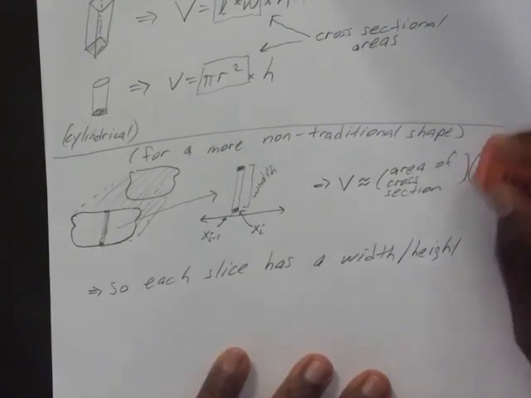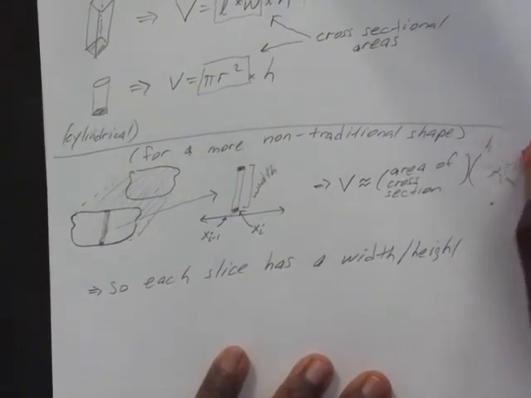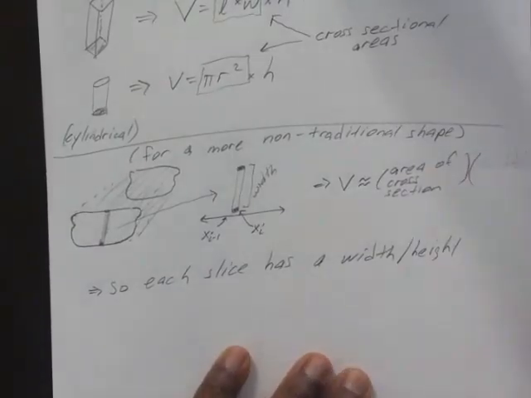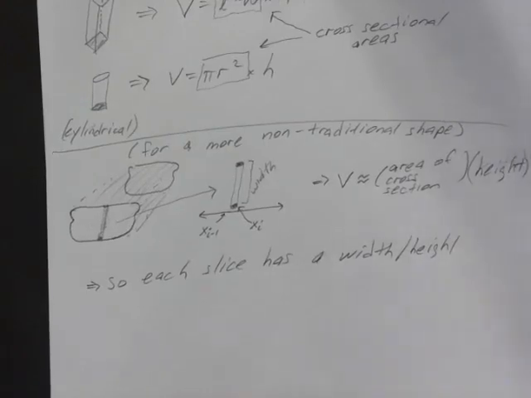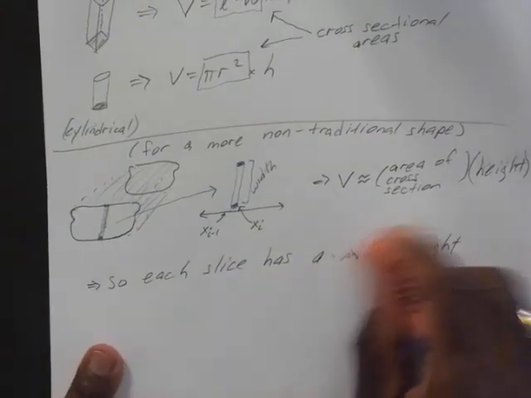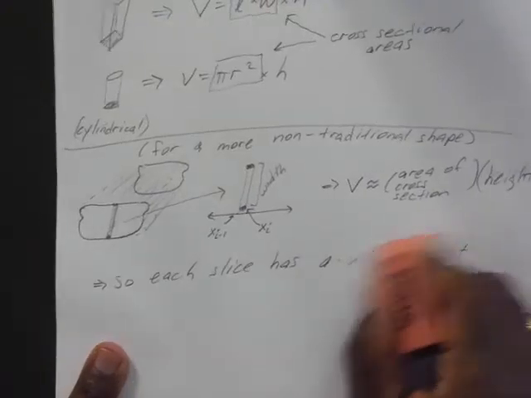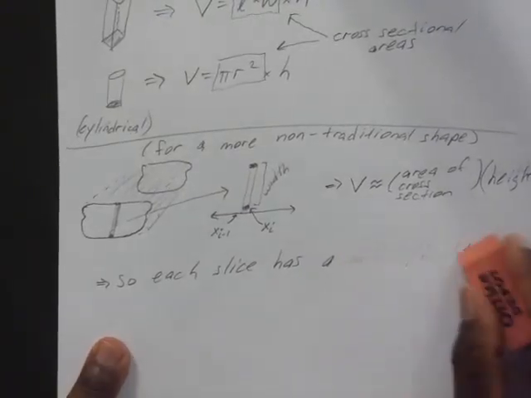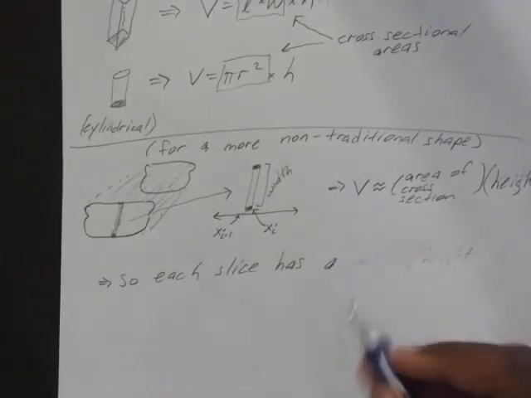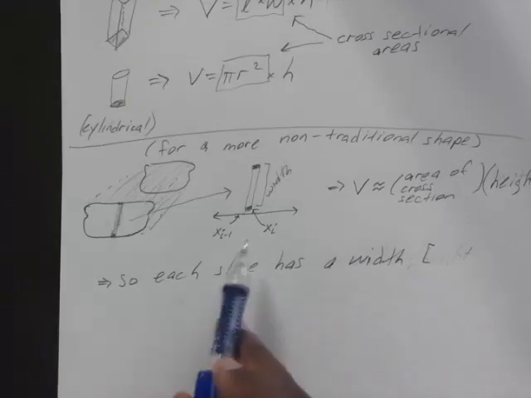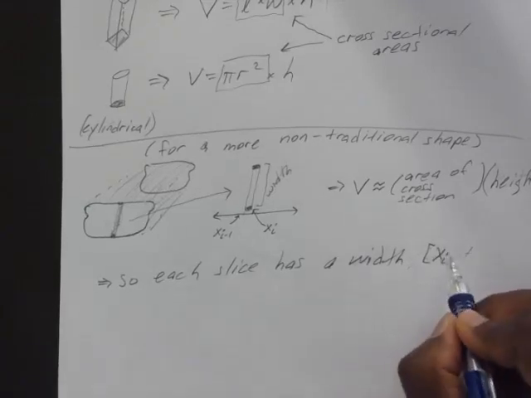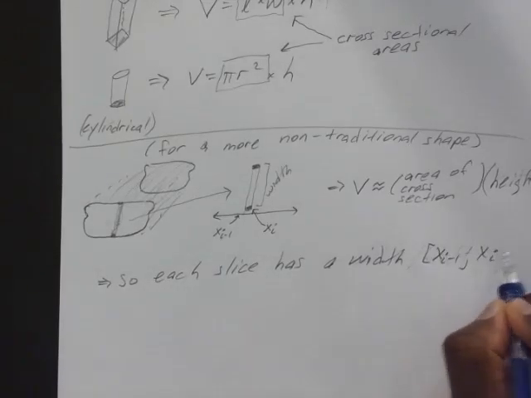I don't want to switch it up both ways. Just keep it one way, to avoid making it more confusing. The width of x sub i minus 1 to x sub i.